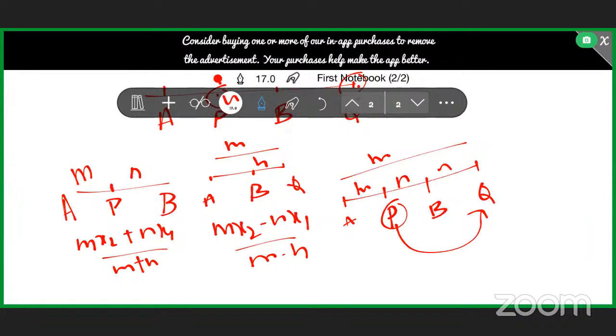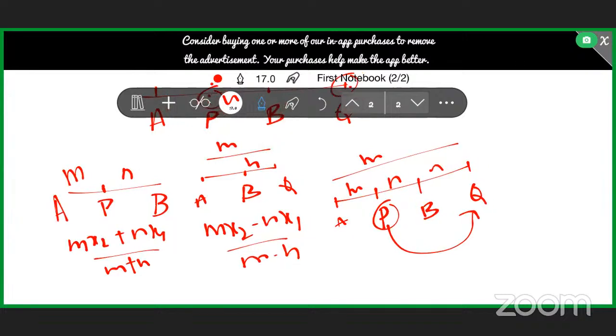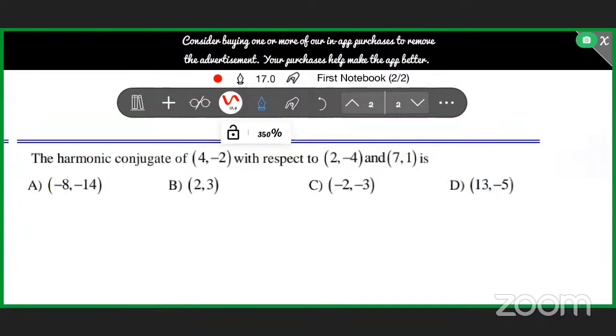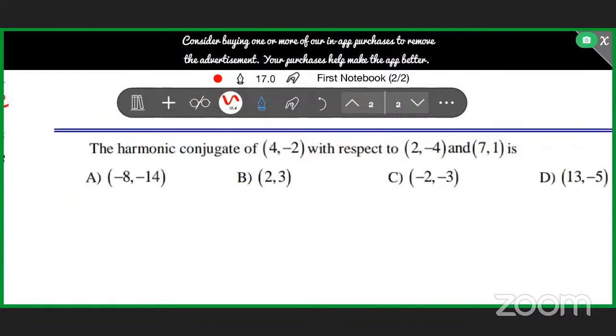The first problem that we are going to solve is: the harmonic conjugate of (4, -2) with respect to (2, -4) and (7, 1) is dash.